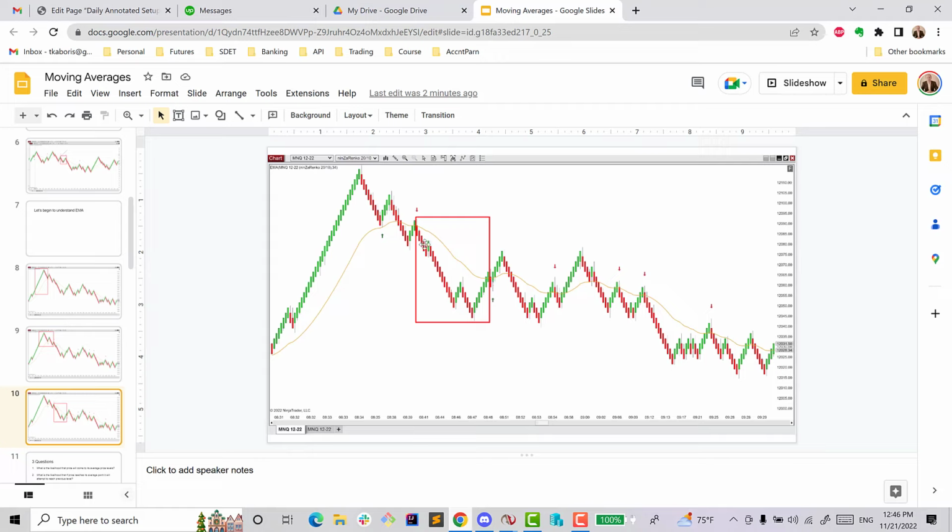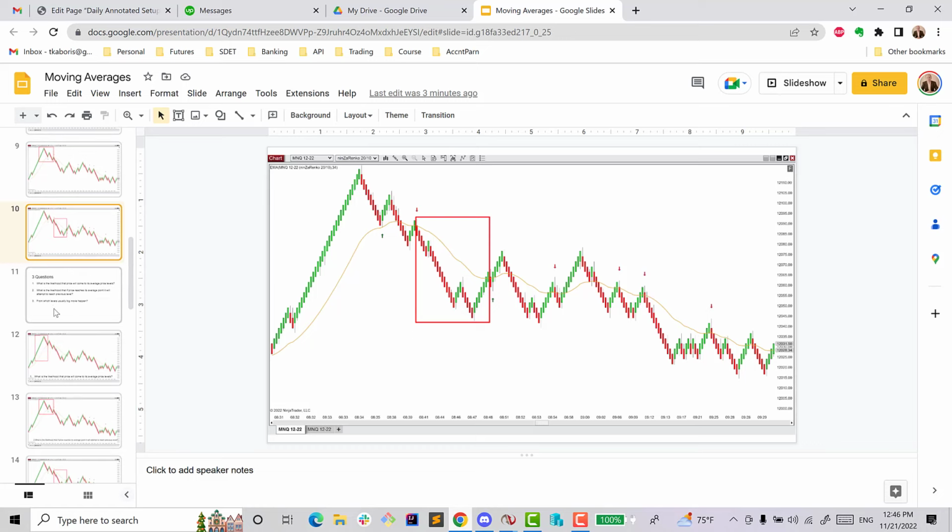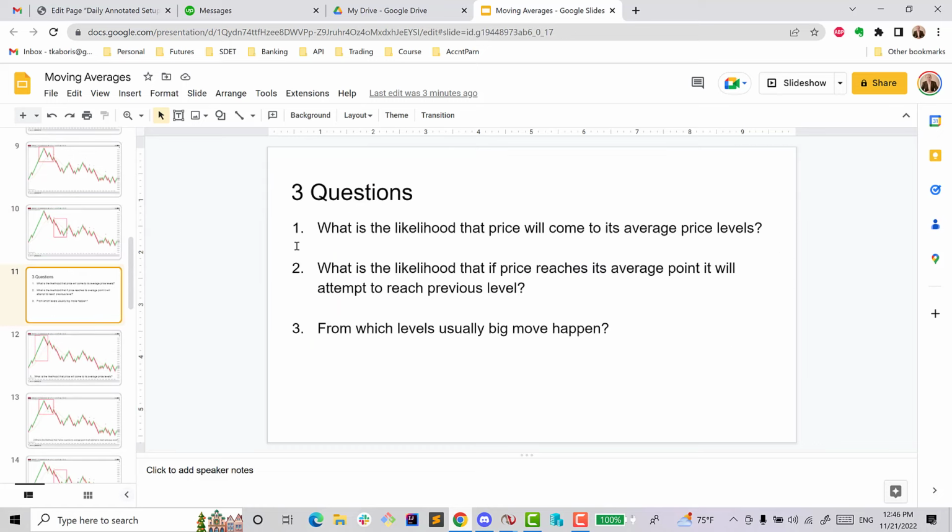So let's ask 3 questions, and the answers to these questions will be a good lesson and very informative for you. The first question is, what is the likelihood that price will come to its average price levels?